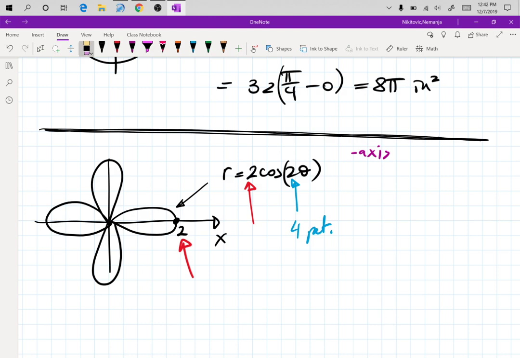All right, so area is 1/2 integral from alpha to beta of f squared minus g squared d theta. When you have two curves, it's the same as, remember 6.2? Our first lecture started with this formula in the xy coordinate system.